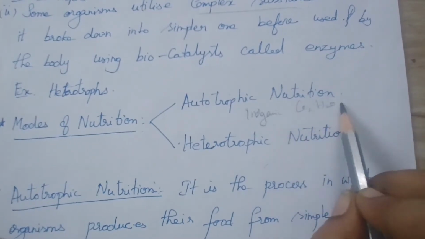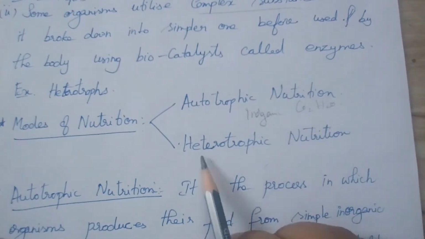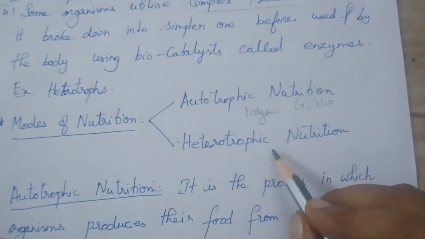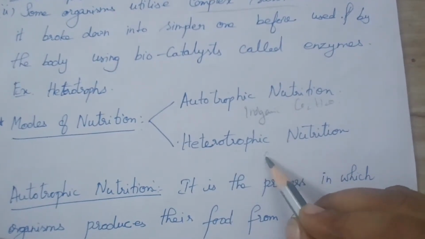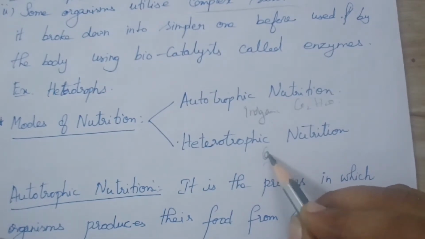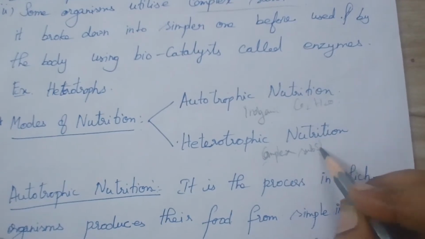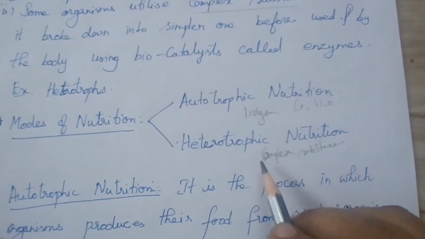Then it will convert it into organic compounds. Heterotrophs will consume the food in the form of complex substances. So they cannot prepare their own food.